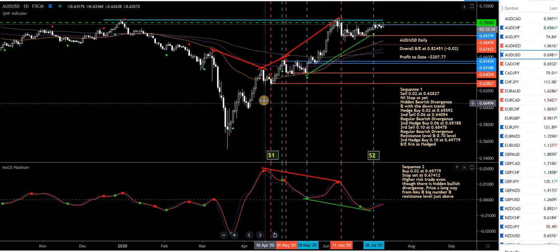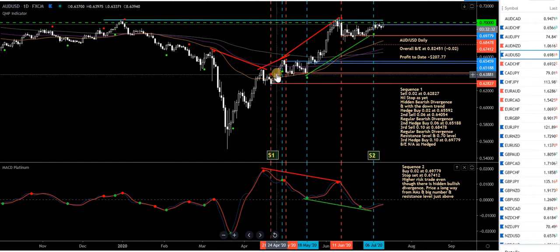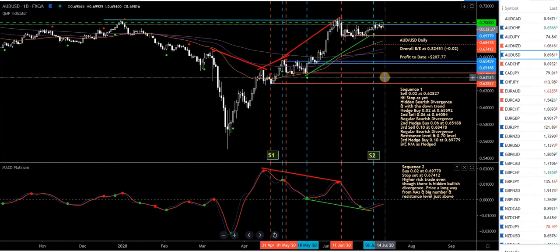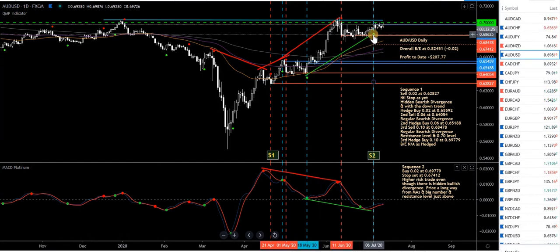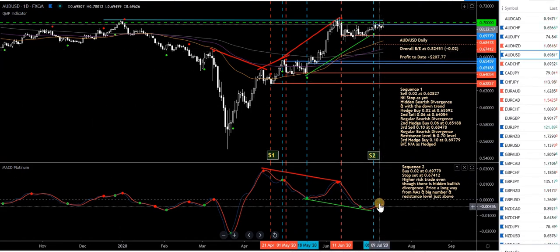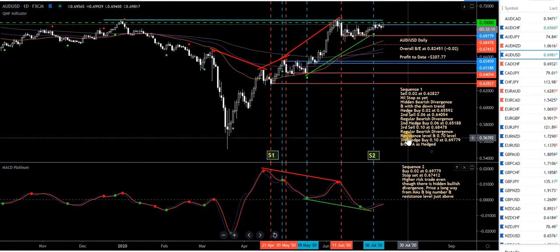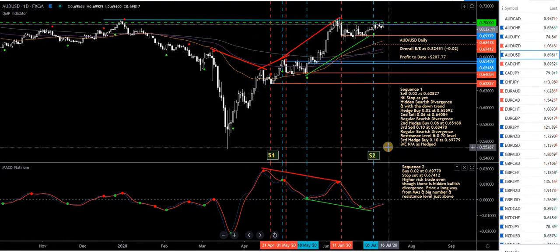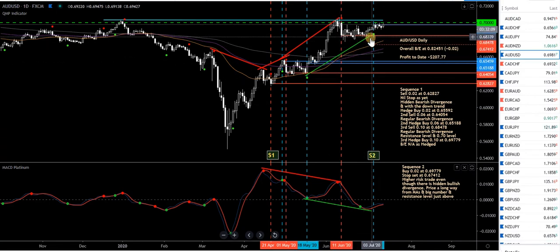Aussie USD, again, a sequence of trades. Sequence one is hedged at the moment, so I'm just locking in a loss basically. And sequence two is this buy here, and we're at the entry level at the moment. MACD Platinum, yeah, it's not looking that good at the moment. My big concern was, and I think I made a note of it, high risk trade, even though there is hidden bullish divergence there.